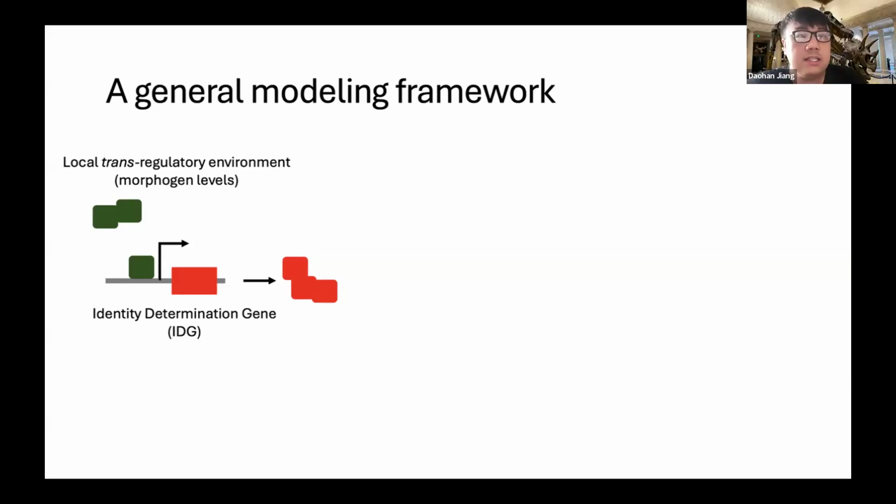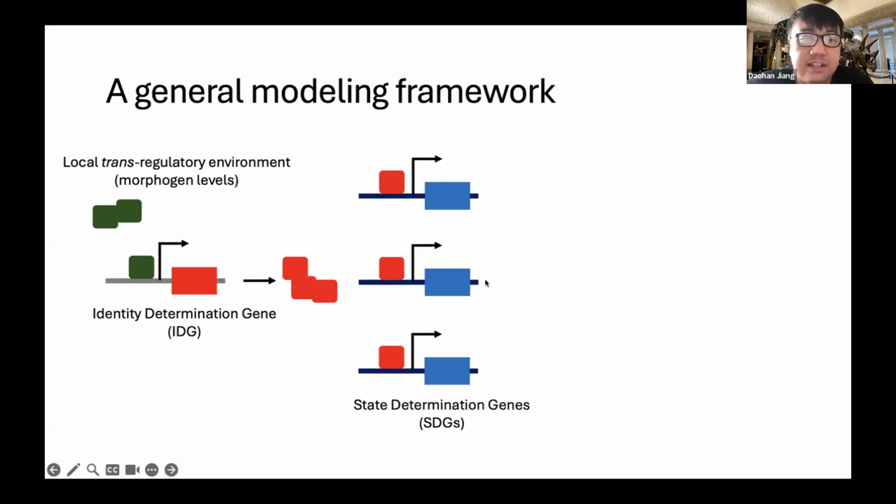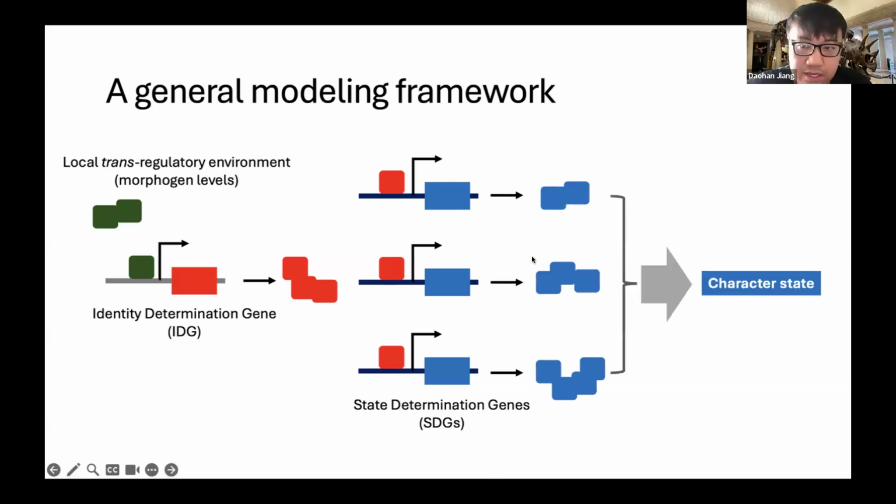As the initial step towards this question, we propose this generalizable modeling framework that involves two categories of genes regulating the development. So there are these identity determination genes and state determination genes. The IDGs are regulated through a local transregulatory environment, namely levels of morphogens in a given body part, and they will regulate downstream state determination genes, which are effectors producing the character state we can observe.